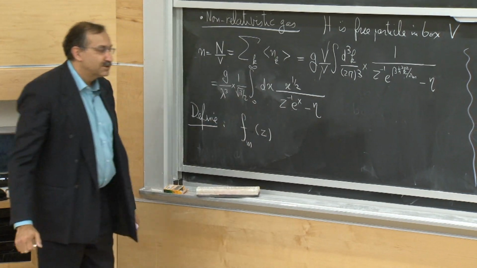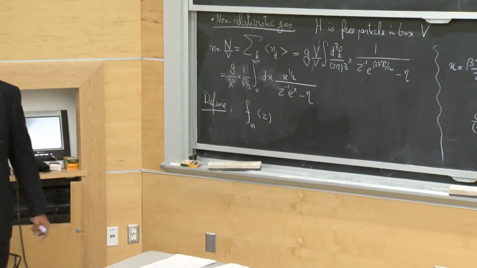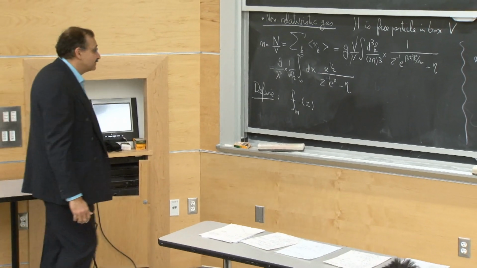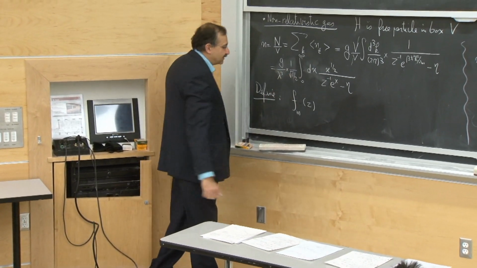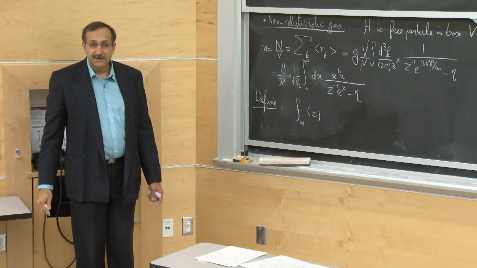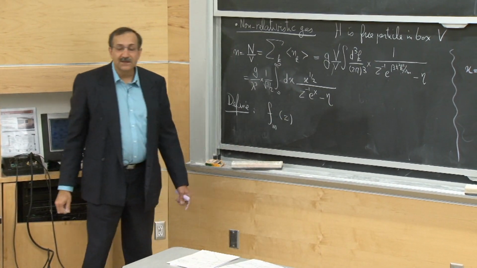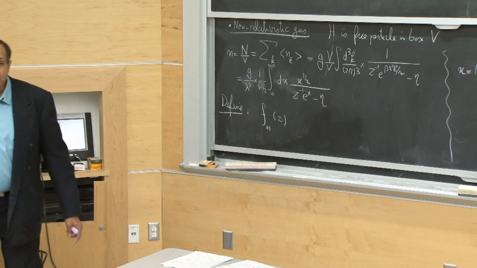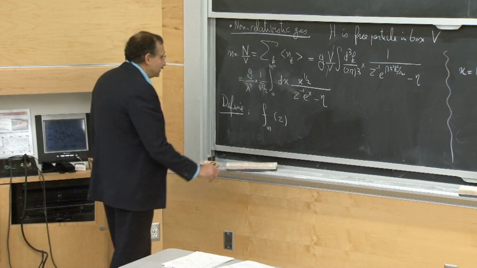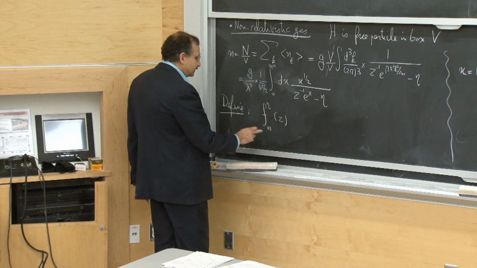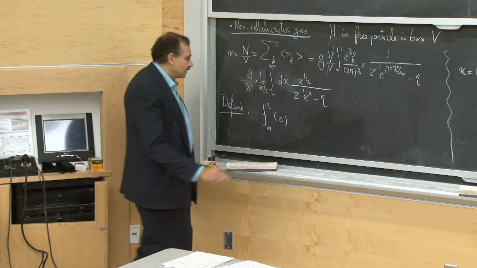Once I do the integration over x, I will get a function of z. So that function of z I will call f_m of z. But clearly, I have a different f_m if I have eta of -1 or eta of +1 for bosons or fermions. So there are two classes of these. What's this m? OK.